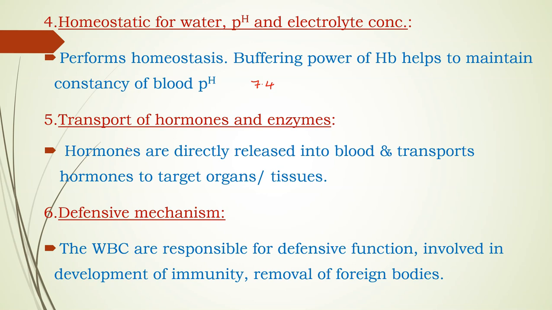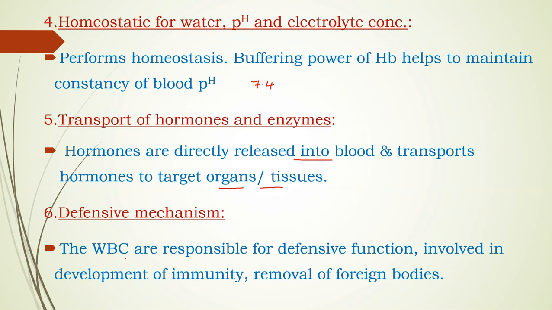Another important function of blood is that it transports hormones and enzymes. Hormones are secreted by ductless glands, which are endocrine glands, and these secretions are directly released into the blood, and the blood transports these hormones to all the target organs and tissues. The next important function is that blood is defensive in mechanism.